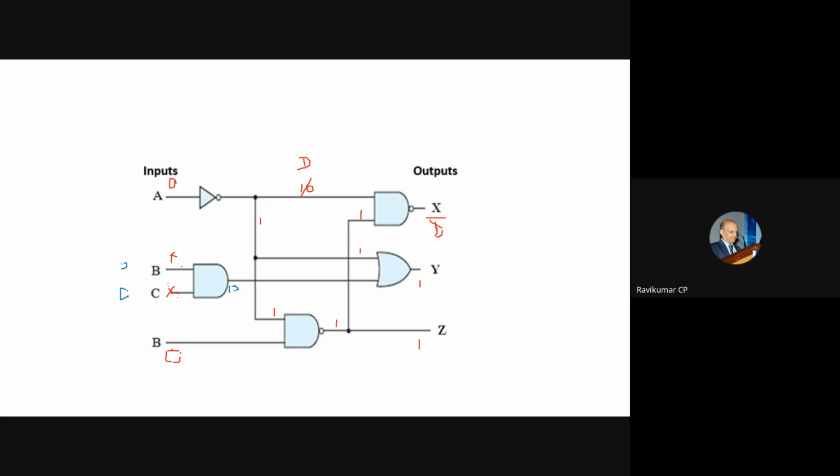So 100% coverage will be ideal, but due to various things like redundancies and the complexity of the circuit, which is not allowing you to generate 100% coverage, often we may settle for slightly lower.